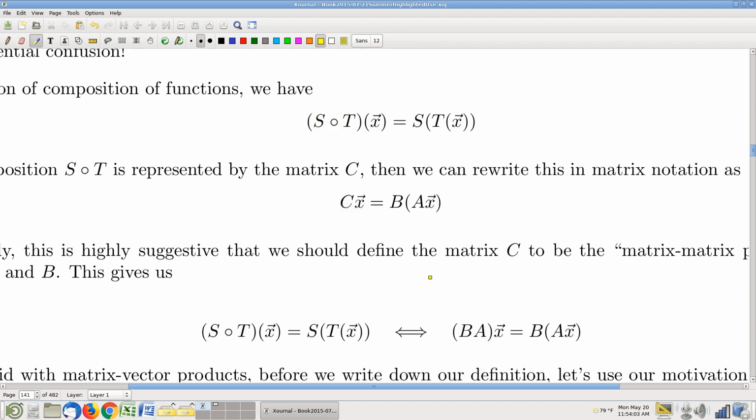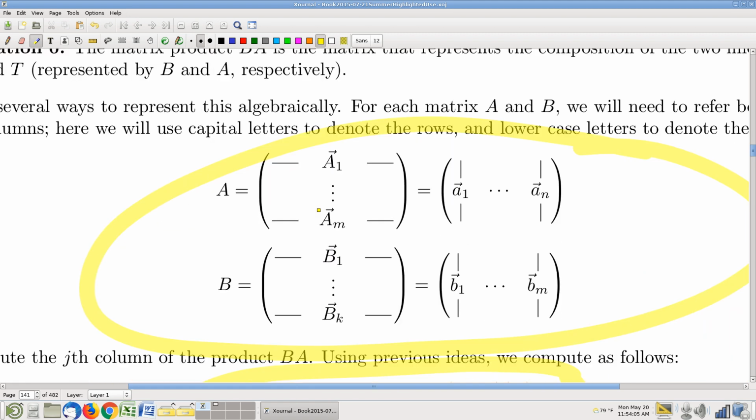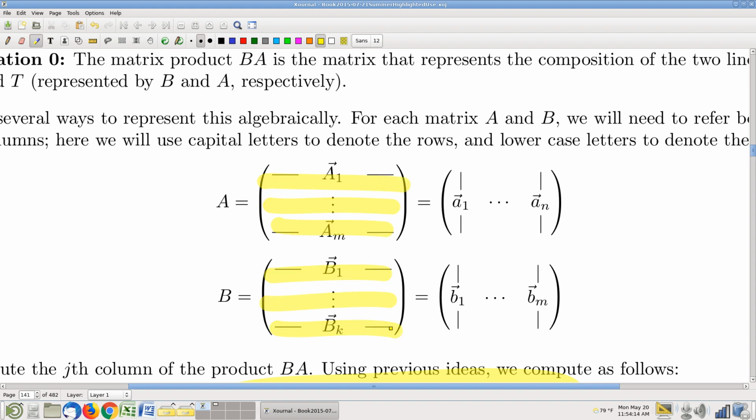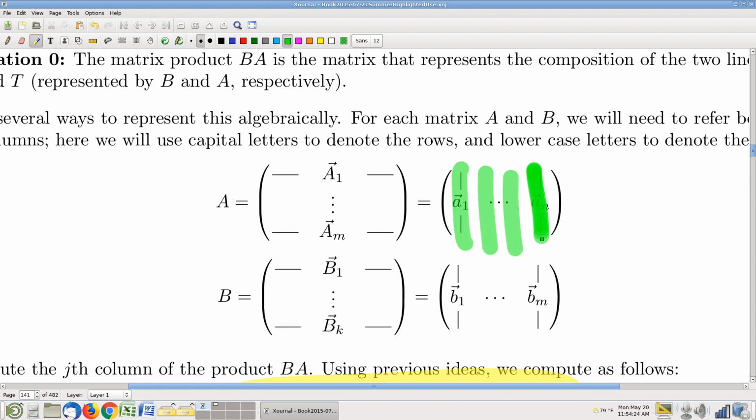So here's how that plays out. Just for notational purposes, we're going to use capital letters to represent the rows of a matrix. Just for convention. We're going to use lowercase letters to represent the columns of a matrix with a subscript. Right, very handy.